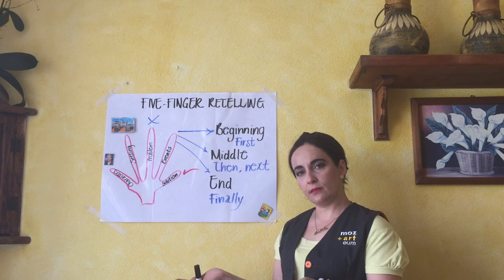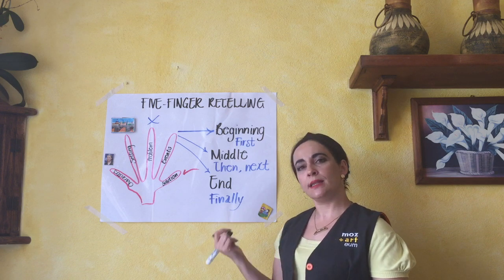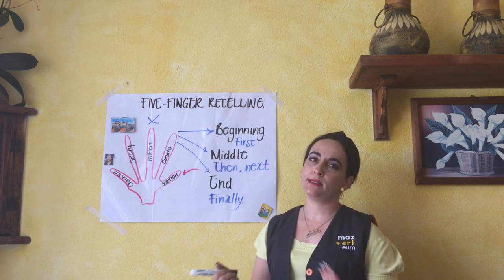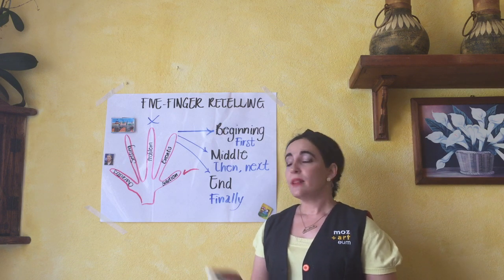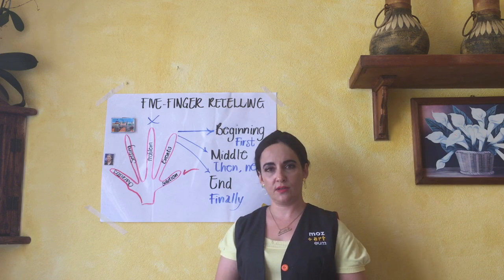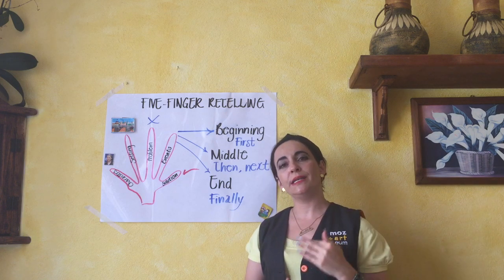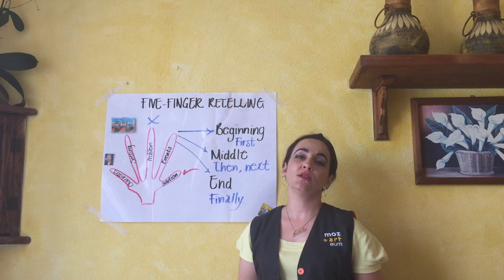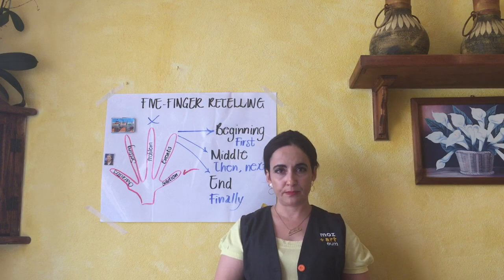What happened at the end? Yes? This is a technique that will help you not only to write it down, but to retell it. This technique helps you to remember what the story is about and to organize your ideas when you are trying to summarize. Okay?